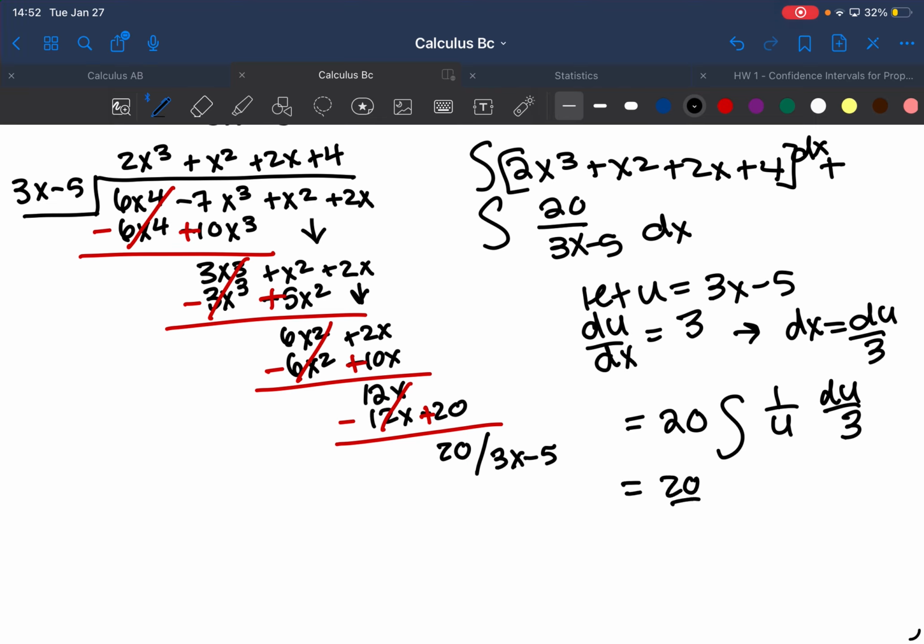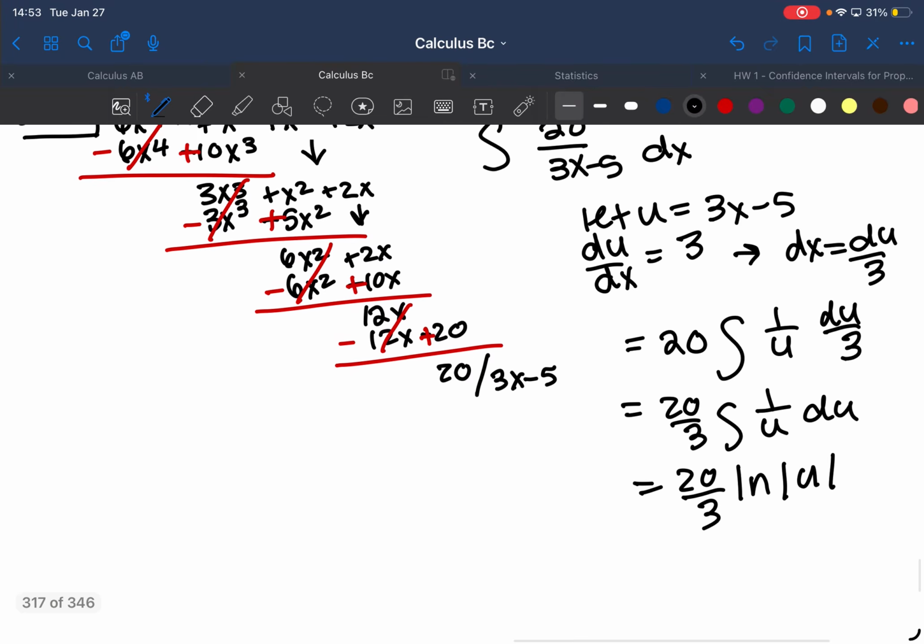So this is 20/3 integral of 1 over u du. Okay. We know that the integral of 1 over u is going to be natural log. So this is 20 over 3 natural log absolute value of u. Okay, then I just plug u back in. So this is 20 over 3 natural log of the absolute value of 3x minus 5.